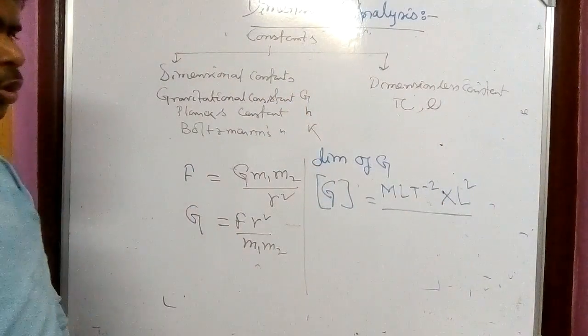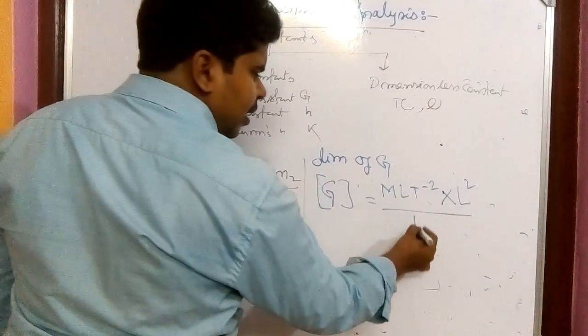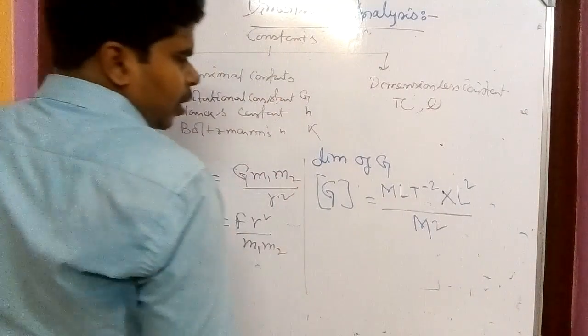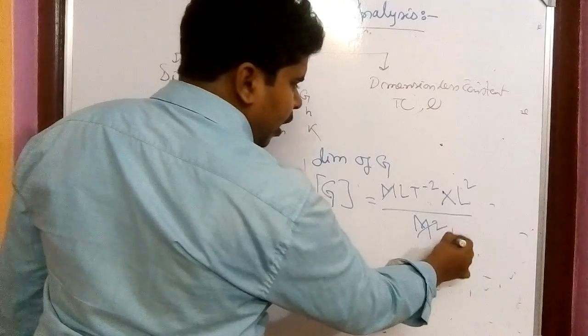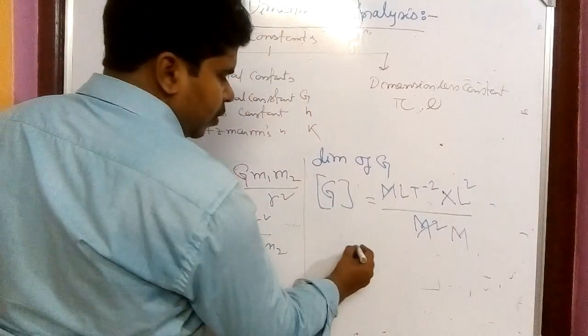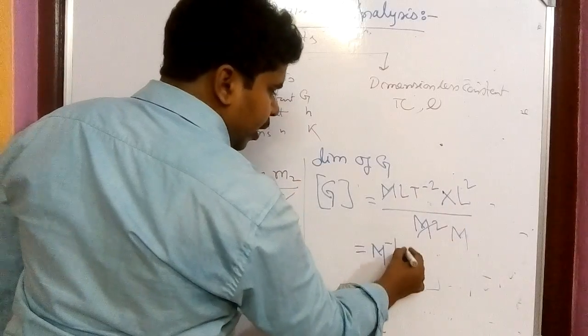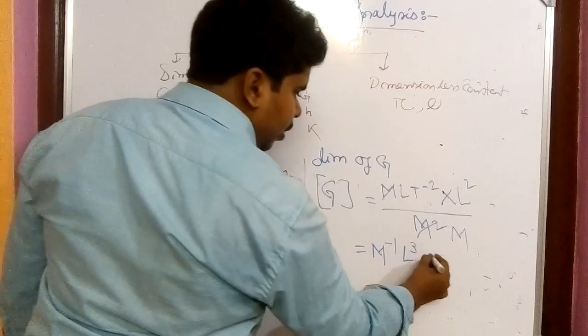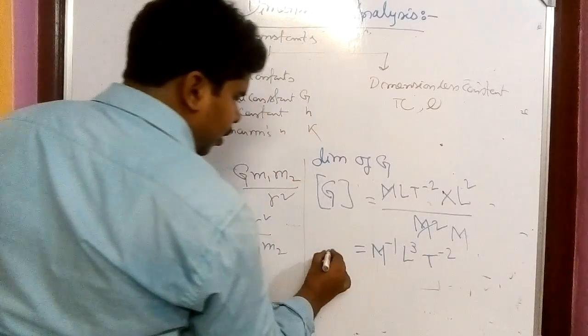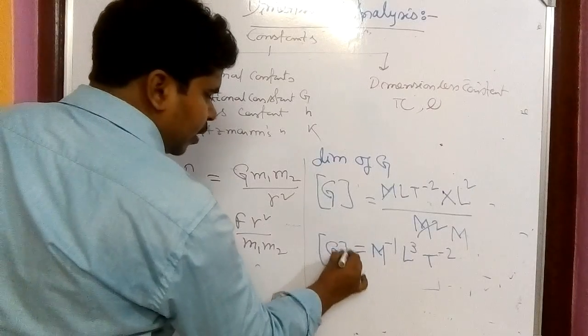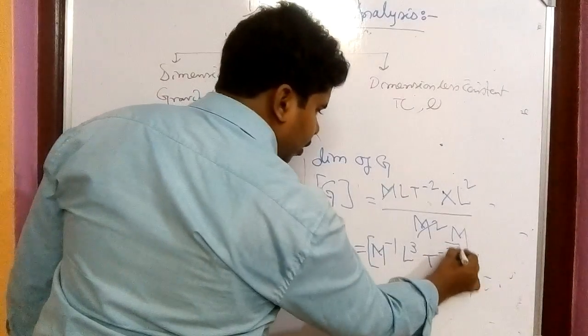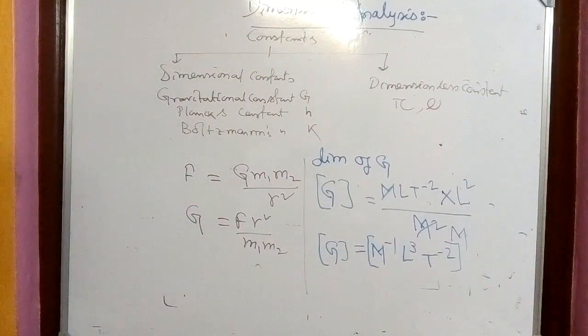Then in m1 into m2, masses give M square, and see, M will be cancelled out. So the answer will be M inverse L cube T to the power minus 2. So this is the dimension of the gravitational constant.